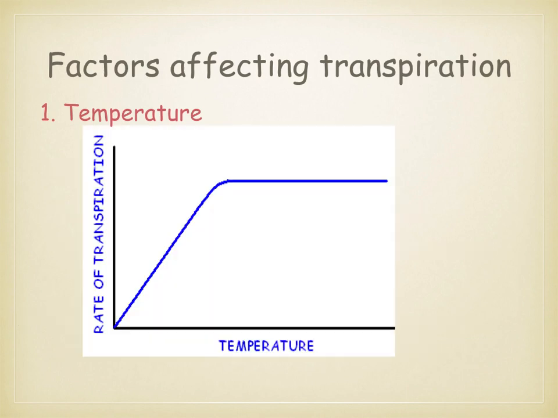If you were to draw the graph of the results, you'd have temperature on the x-axis and rate of transpiration on the y-axis. Notice how, as the temperature increases, the rate of transpiration increases until a certain point where it plateaus. This is because as you're increasing the temperature, there's an increase in the kinetic energy of the molecules so that water evaporates faster.